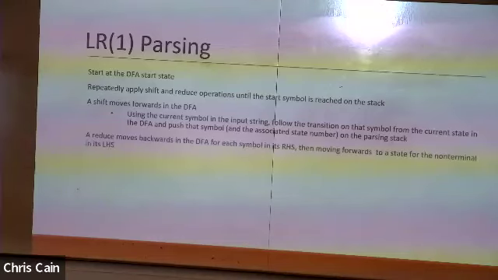When we reduce, rather than moving forwards in the DFA, we're going to move backwards in the DFA for every symbol in its right-hand side, which may mean that it's multiple backwards transitions. Then at the end of that whole process, you must move forward to a state for the new non-terminal that was created as part of that reduce.